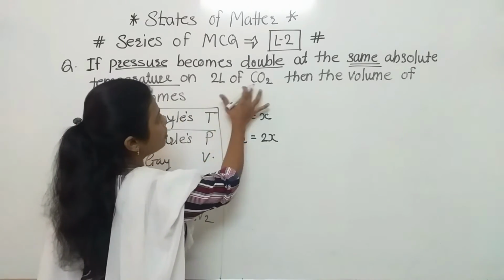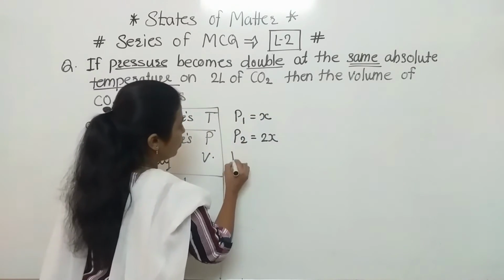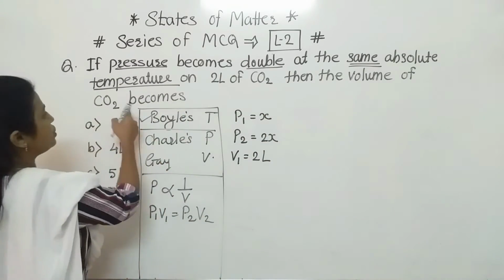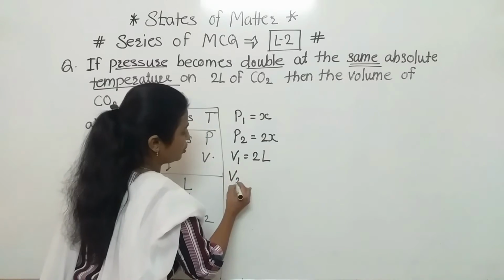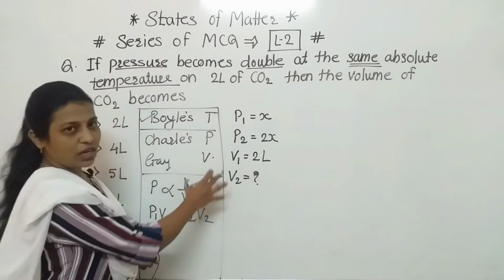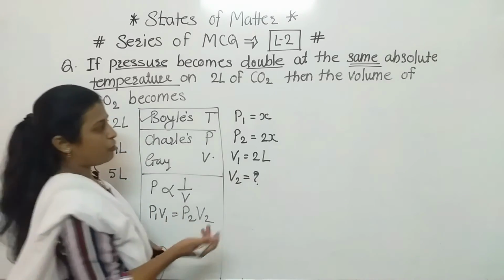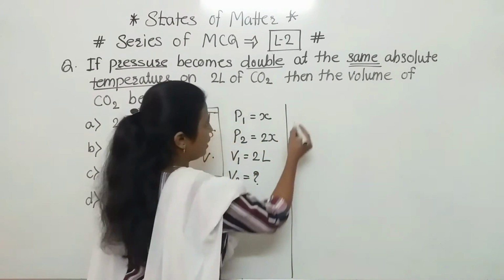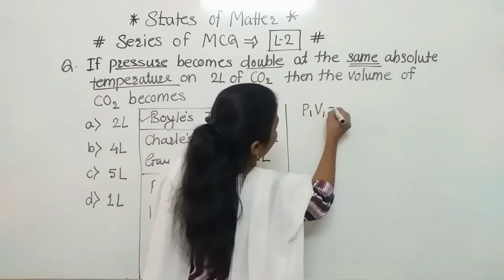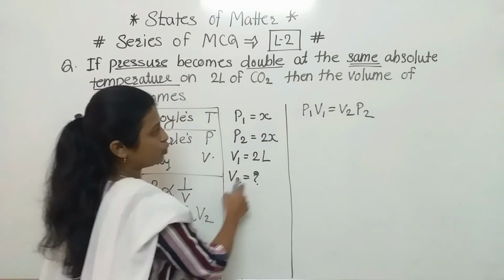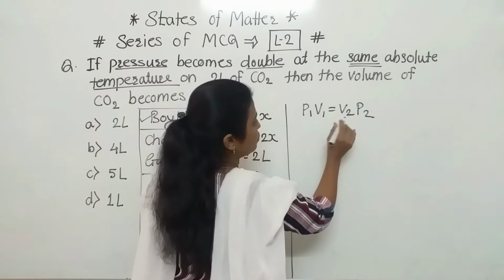On 2 liter of CO2, what is the volume? V1 is 2 liter. Then the volume of CO2 becomes, we have to find out here, V2. Everything is given, simply we have to put all this given data in this formula and we will get our final answer. Now see here, P1 V1 is equal to P2 V2. What we have to find out? V2. So we are rearranging this formula.